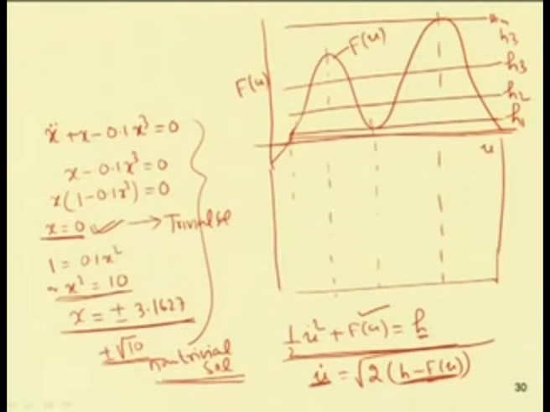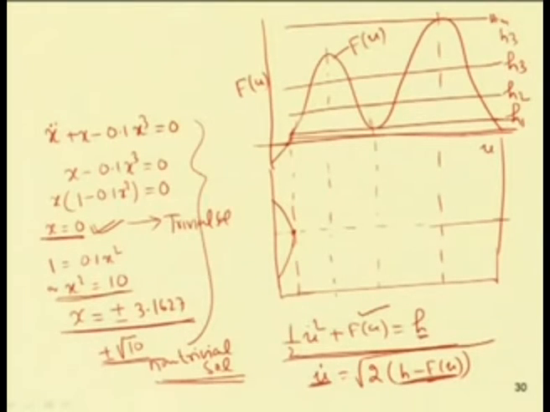Corresponding to this position, when H1 equal to Fu, this term becomes 0. So, u dot will be 0. At this position u dot equal to 0, but before that one can have two values of u dot. So, in this way one can plot this.